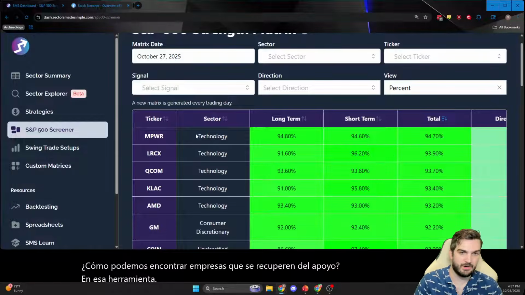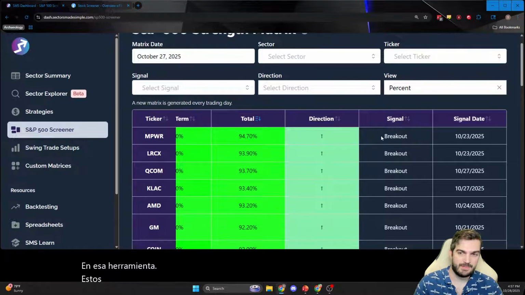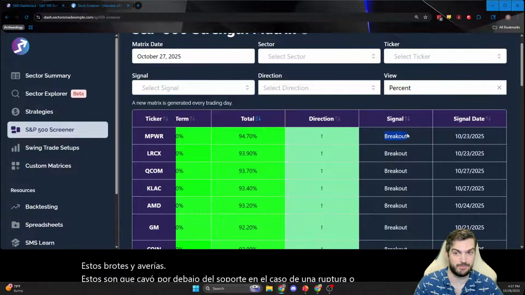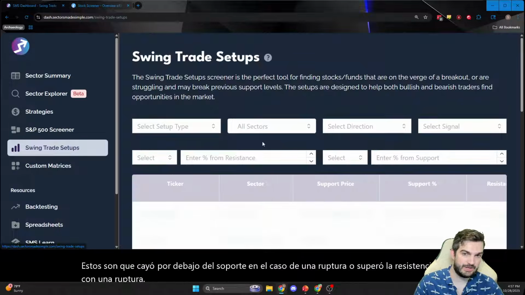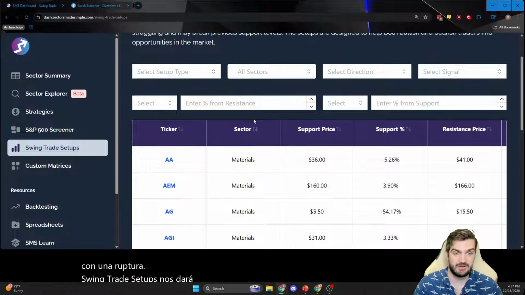It's important to know these breakouts and breakdowns: it fell below support in the case of a breakdown, or it went above resistance with a breakout. Swing trade setups is going to give us more information about what companies might go on breakouts or breakdowns in the near future.